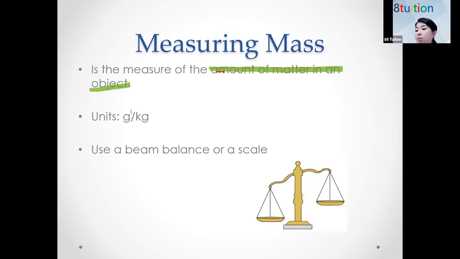What are the units we use? Grams or kg. Easy. How do I measure the mass of an object? As you can see just now, the balloon, remember? I inflate one balloon and I have one deflated balloon. Then the scale will tilt.